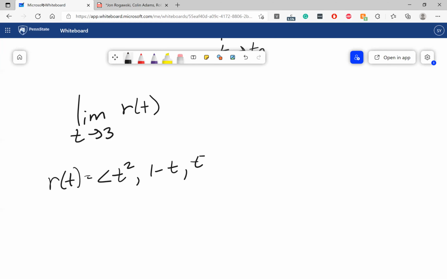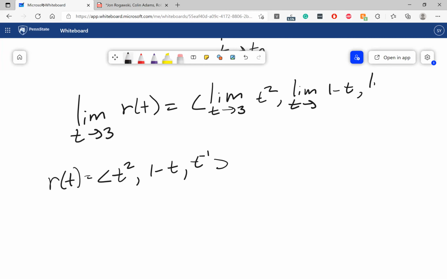Okay, so this is equal to the limit as t approaches 3 of t squared, the limit as t approaches 3 of 1 minus t, and the limit as t approaches 3 of t to the negative 1, right?